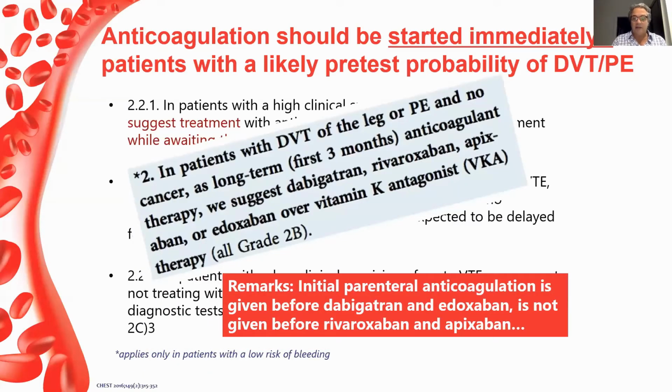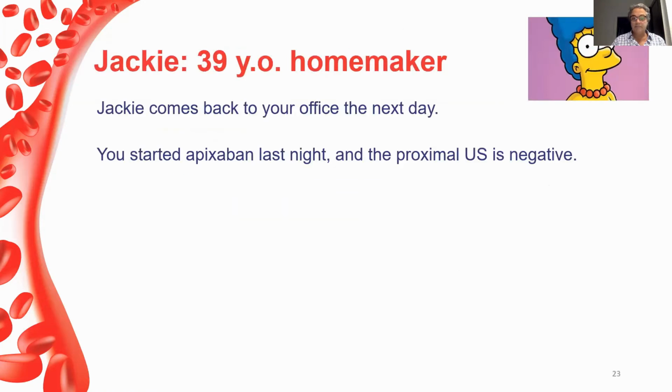And they've also said that if you're going to start anticoagulation, it should be one of the new DOACs over a vitamin K antagonist and low molecular weight heparin. In this presentation, I'm going to focus mainly on apixaban and rivaroxaban because if you're going to use dabigatran and edoxaban, you need initially to use low molecular weight heparin.